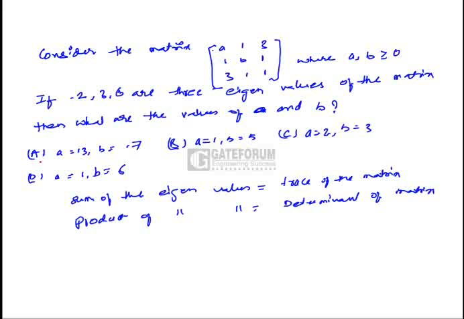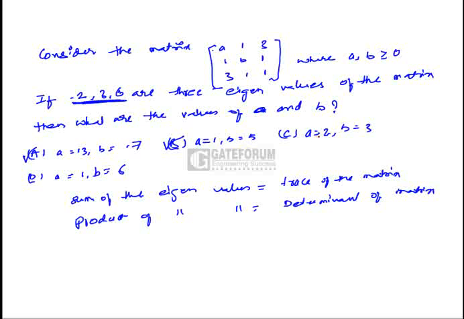In option A, A plus B is 6, 6 plus 1 is 7, and the sum of the given eigenvalues is also 7. So there is a chance for option A. If you see option B, A plus B is 6. So we even have a choice for option B.